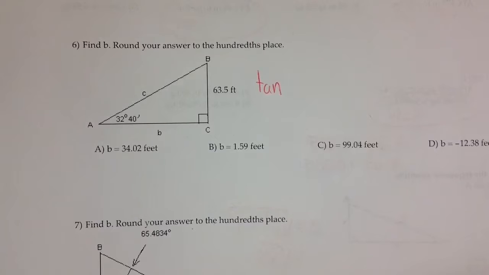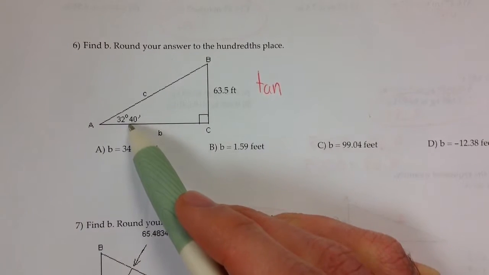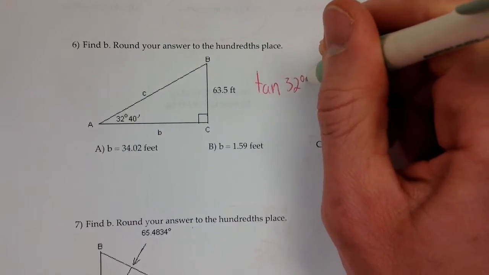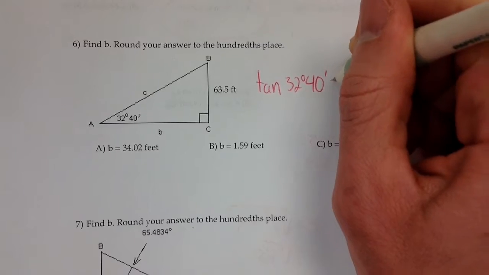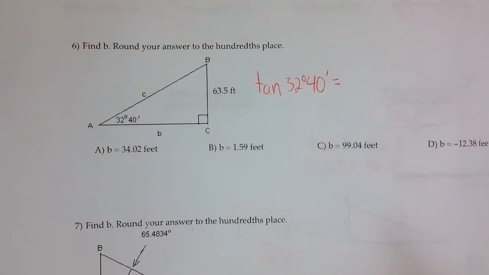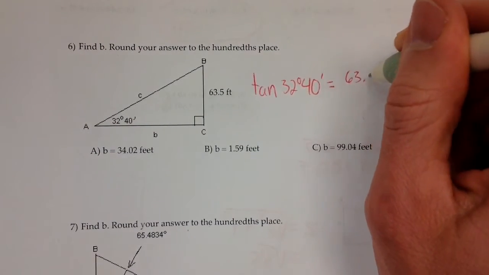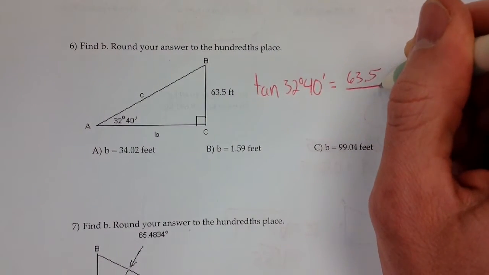I would use the angle that's given. Okay. So 32 degrees, 40 minutes, and then tell me what does that equal? 63.5 over X. Yep.